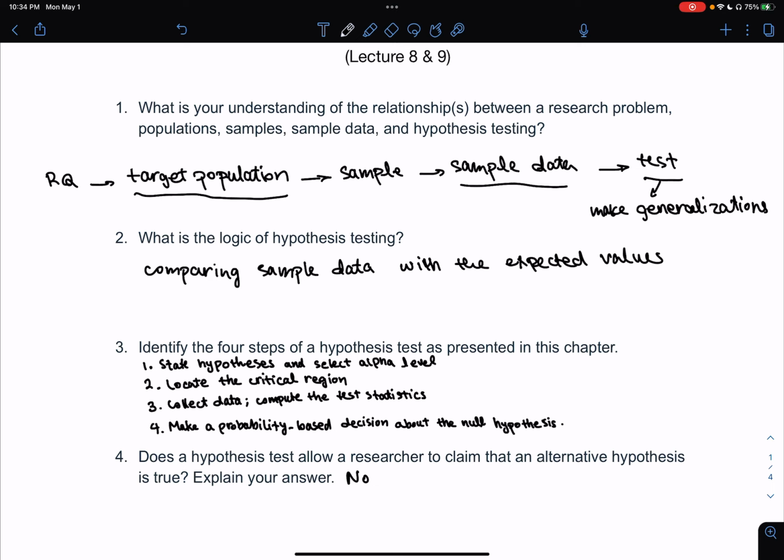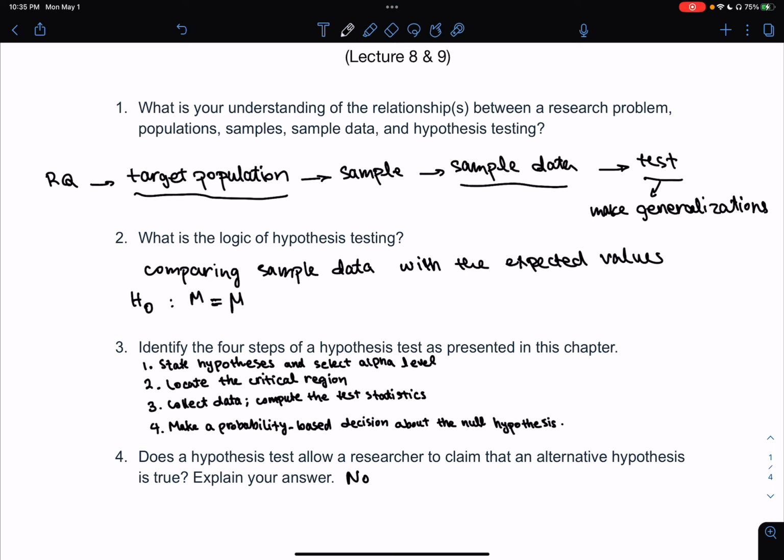So what is the logic of hypothesis testing? So the logic is basically comparing the sample data with the expected values. Basically when we define our null hypothesis, we have some expectations of what the sample mean is going to be. So in the null hypothesis, you expect the sample to be the same as the population.